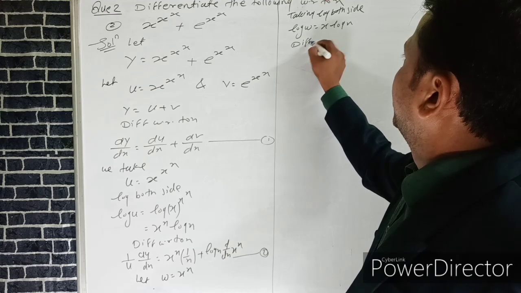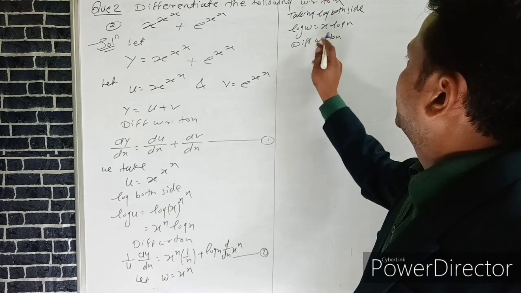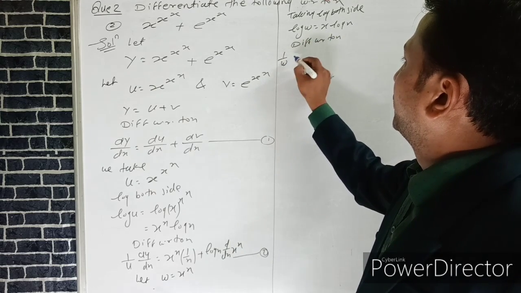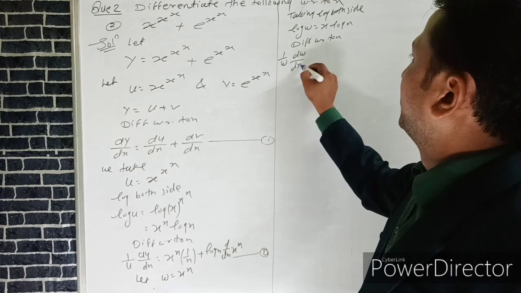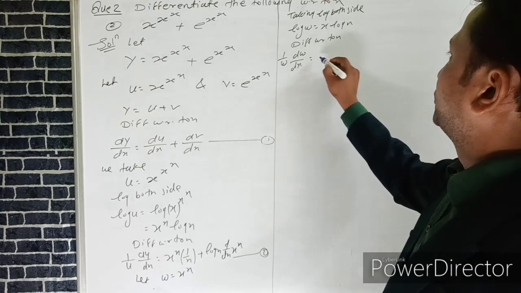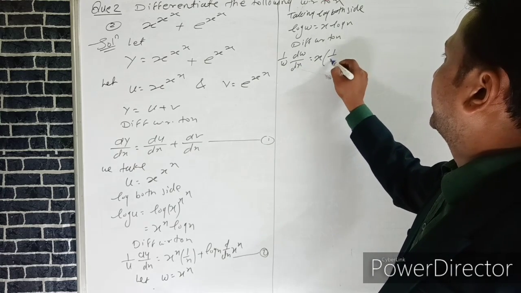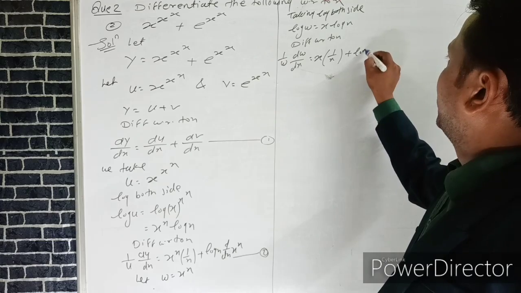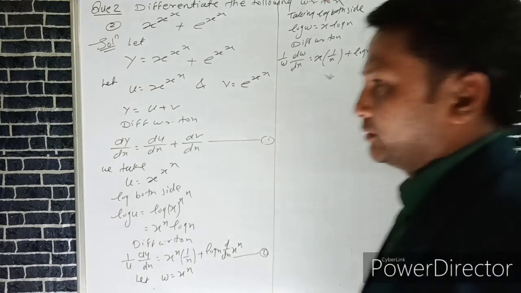After differentiating with respect to x, we get 1 upon w dw upon dx is equal to x into the derivative of log x, which is 1 by x, plus log x into the derivative of x, which is 1.